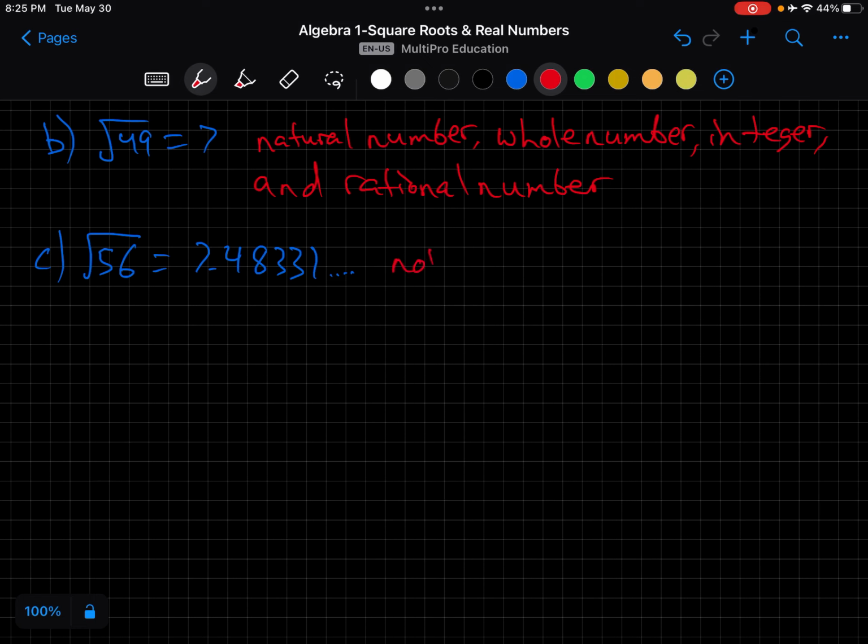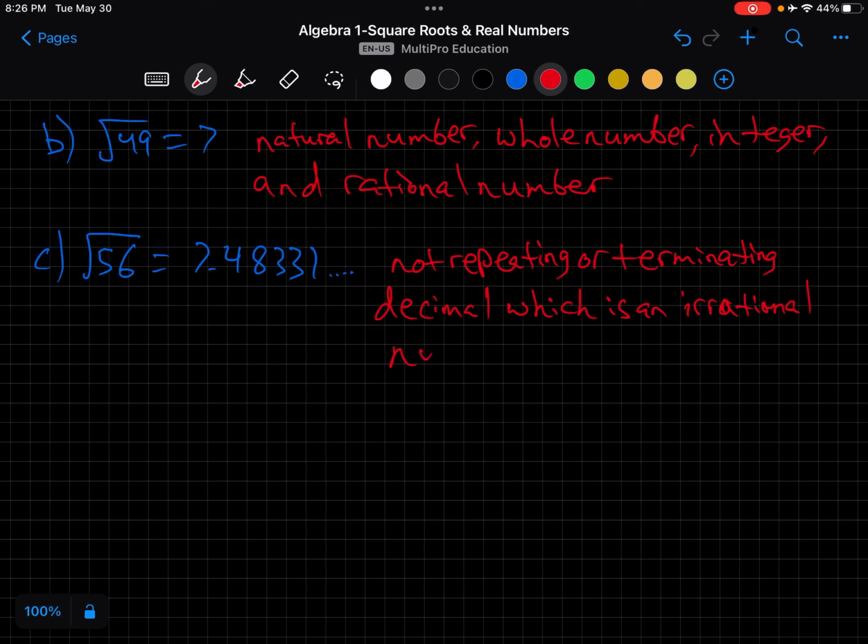So this is not a repeating or a terminating decimal, which is an irrational number, based on our definition that we had earlier. Great job.